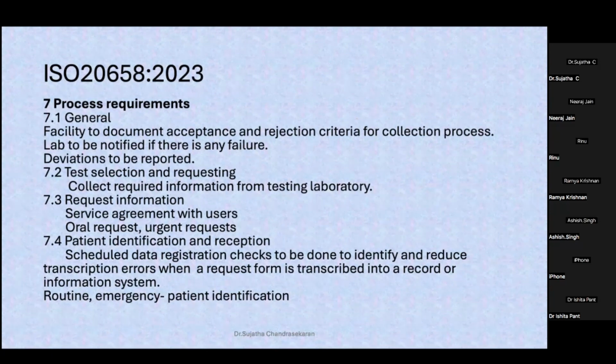What is important here is that the deviations have to be reported, right? Failures, recollections, all. And if the lab has prescribed vacutainer collection, but the facility has used a syringe for a particular patient, it's a deviation, it has to be recorded.